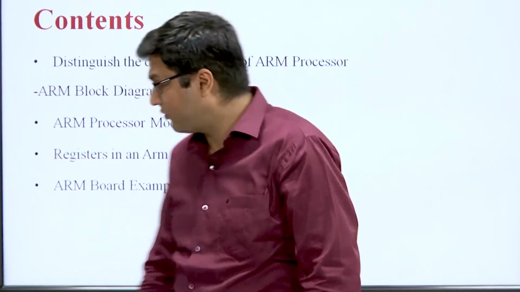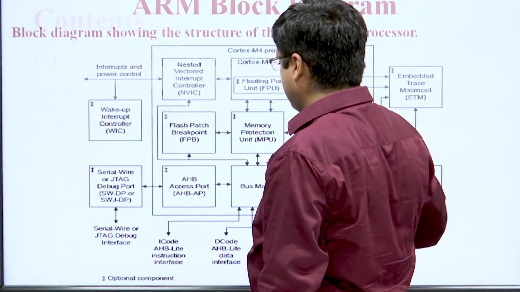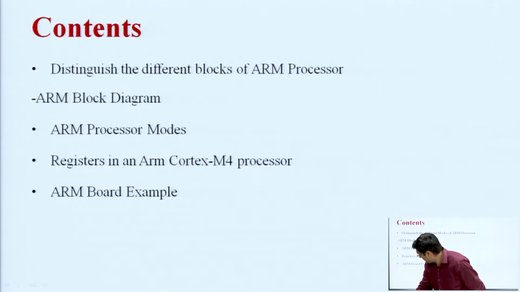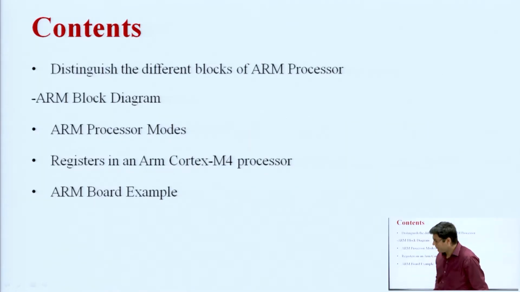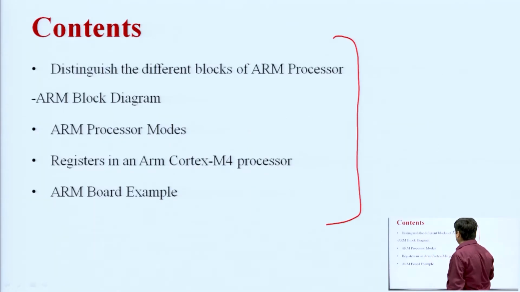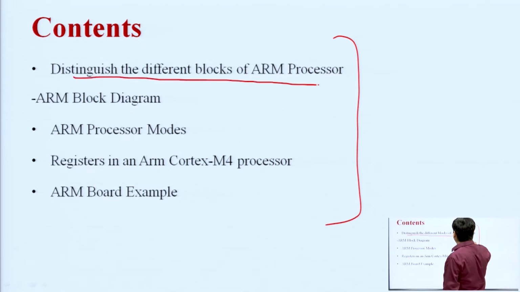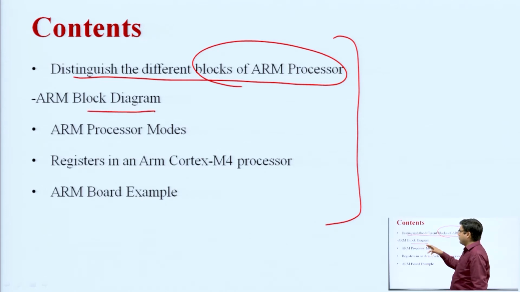These are the table of contents we will discuss in this lecture. We will distinguish the different blocks of the ARM processor through its block diagram. In the previous lecture we saw the architecture of ARM; in this lecture we will see the detailed description of the block diagram.